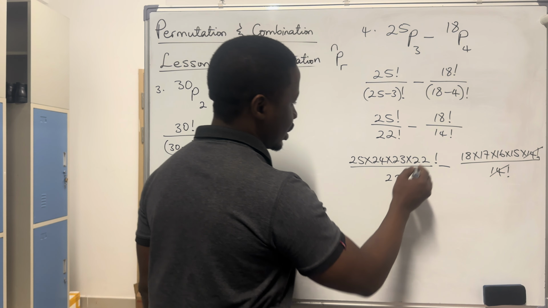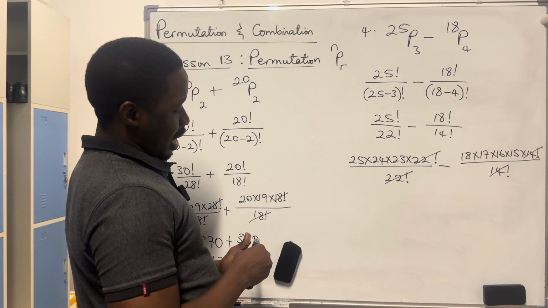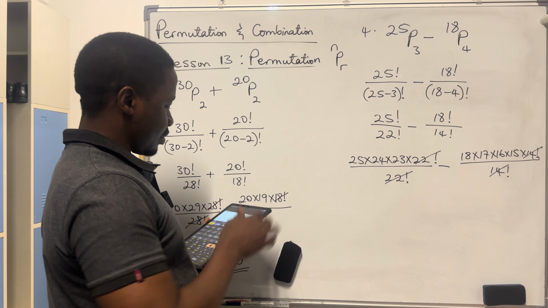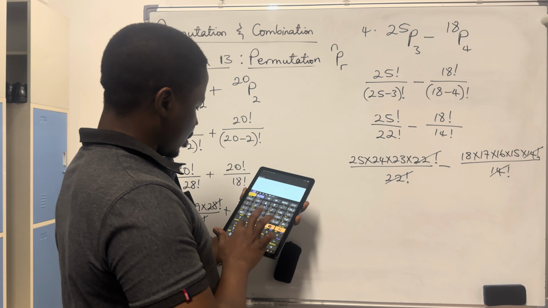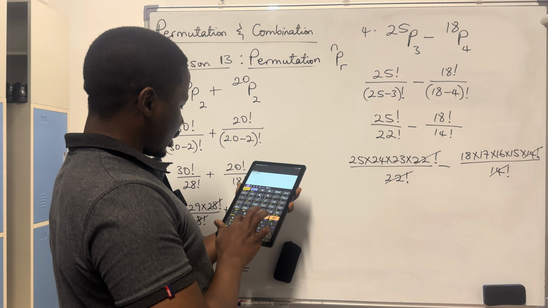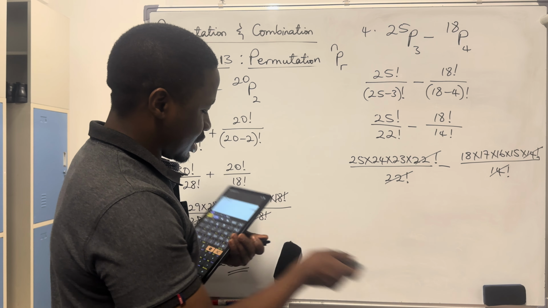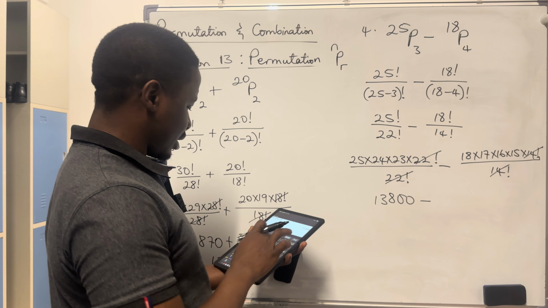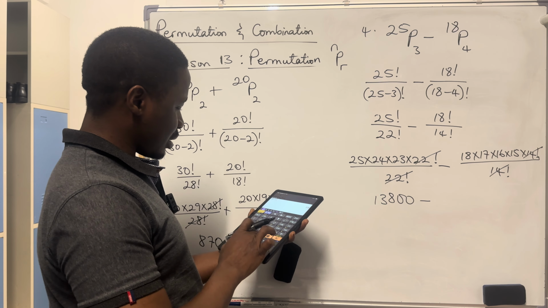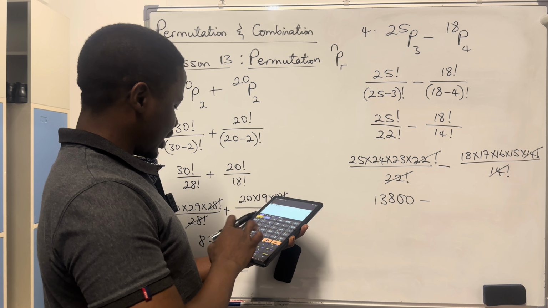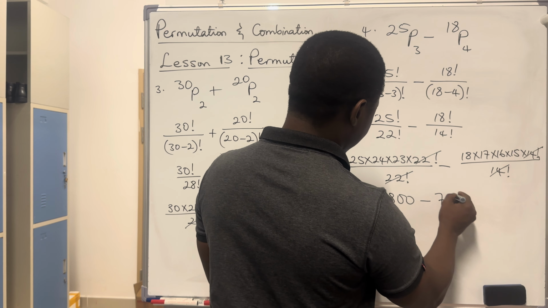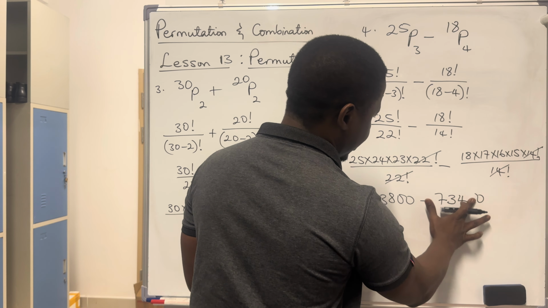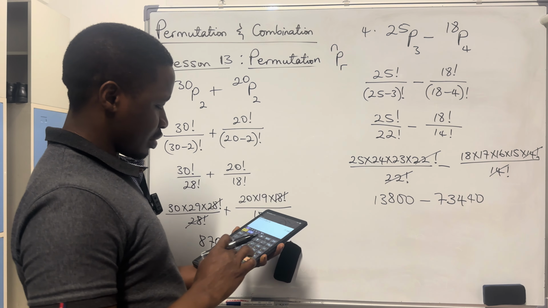So this goes with this, and this goes with this. Now we have 25 times 24 times 23, which gives 13,800. Then minus 18 times 17 times 16 times 15, which is 73,440.